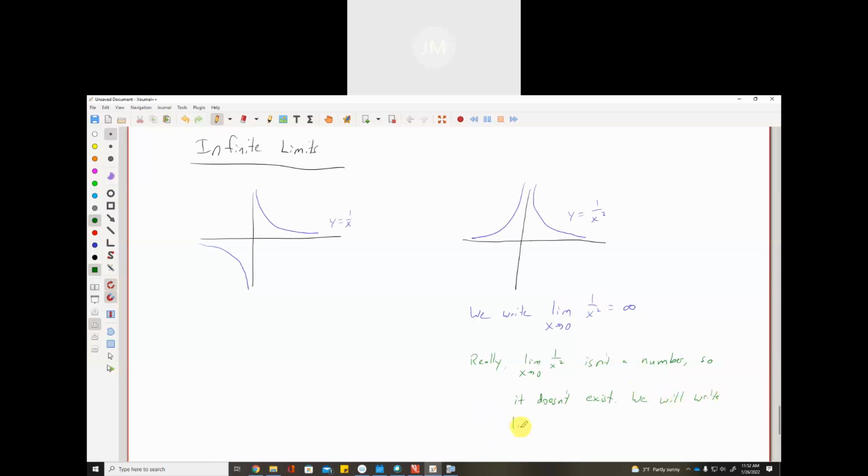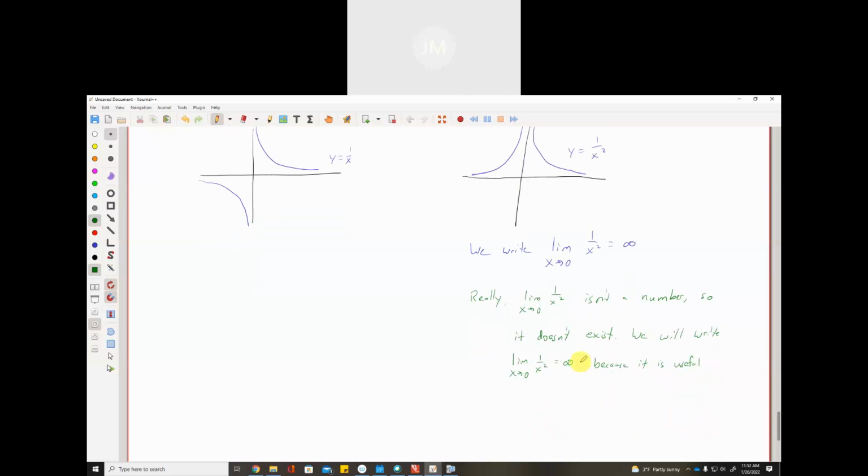So we're going to write the limit as x approaches 0 of 1 over x squared equals infinity because it's useful. Okay, and because you understand that infinity is not a number.